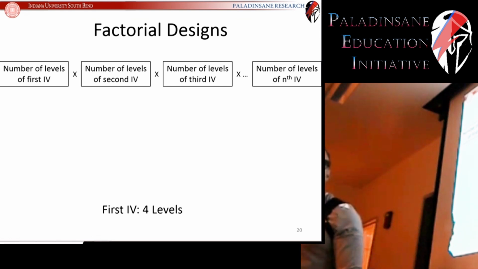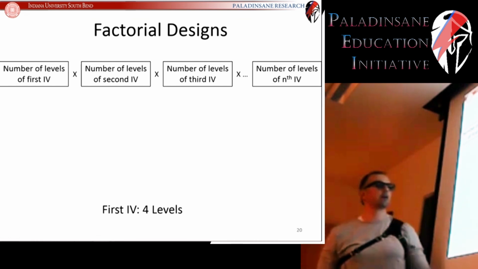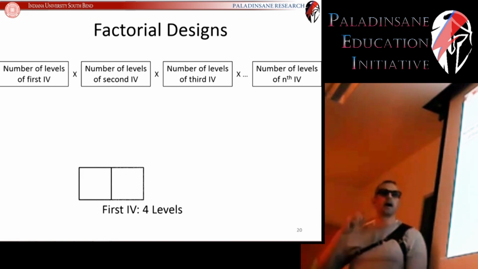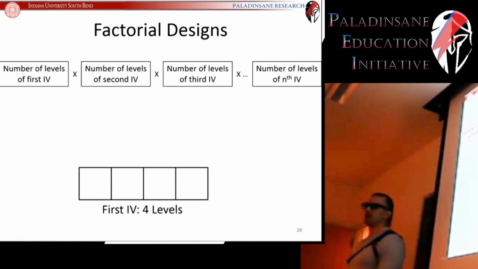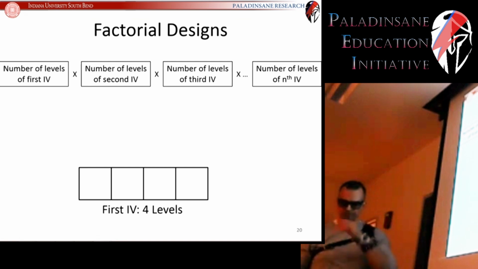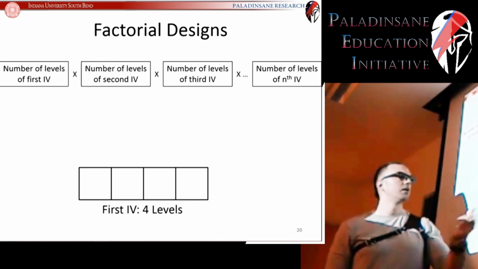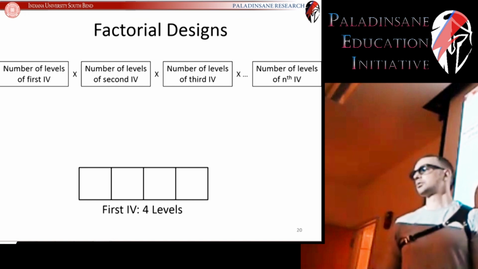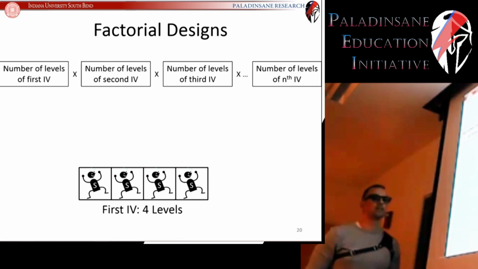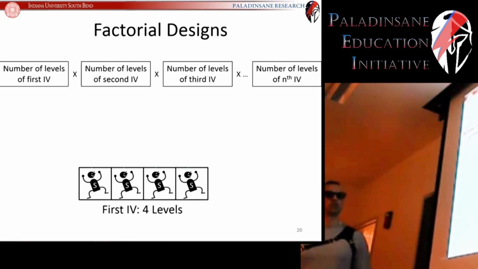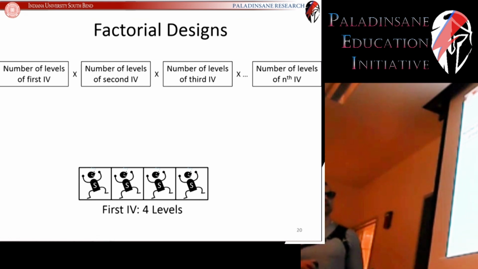So let's say that you have 1 independent variable, and your independent variable has 4 different levels. Right? So let's say that you're studying ages. It's a developmental study. So you have young children, older children, young adults, older adults. You have 4 different levels. You have 4 groups of subjects. That's for a single independent variable experiment.